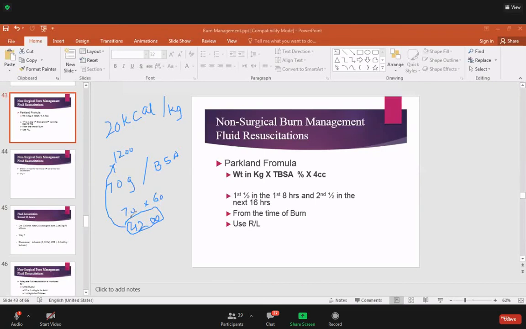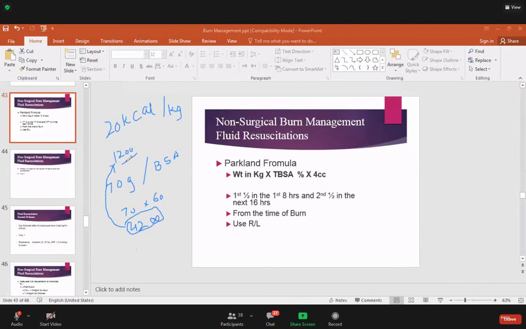If you just give him 1200, the patient is in severe catabolic phase. He will become malnourished and more prone to develop complications. So you have to give him almost double or more than double additional amount to cope with the burn stress.